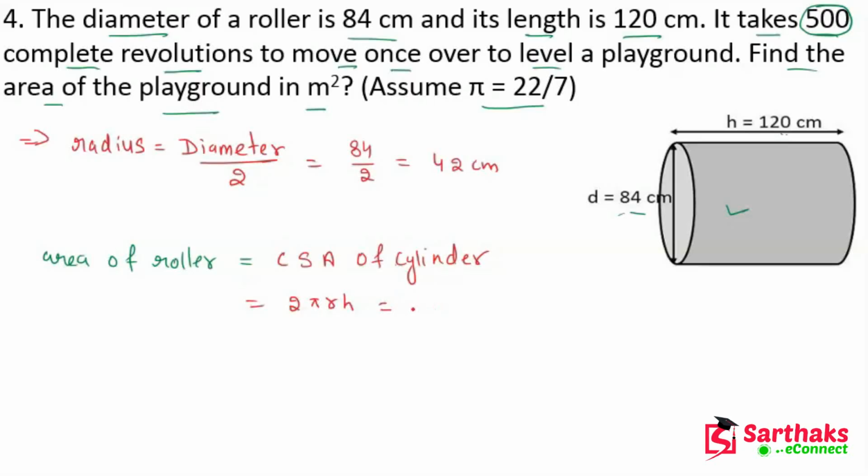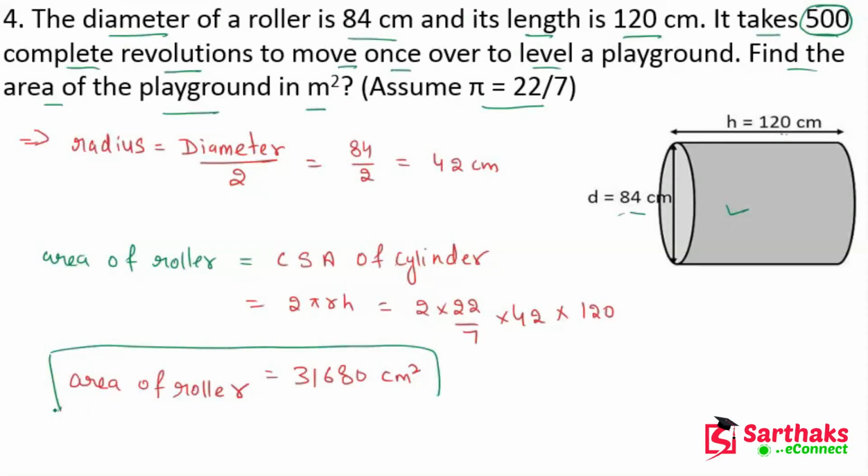So 2 into 22/7 into R, which is 42, into H, which is 120. After solving this, we have 31,680 centimeter square. This is the area of roller.